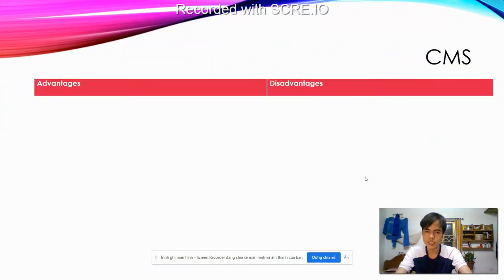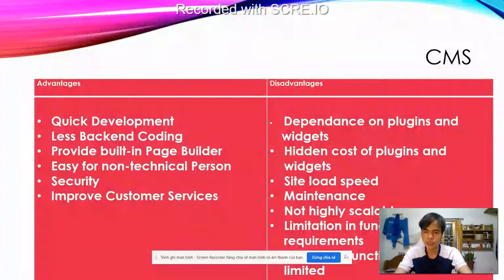CMS. Advantages: quick development, less back-end coding, provides a built-in page builder, easy for non-technical people, security, improved customer service. Disadvantages: dependence on plugins and widgets, hidden costs of plugins and widgets, site load speed, maintenance, not highly scalable, limitation in functional requirements.